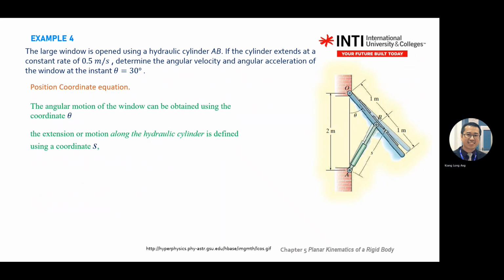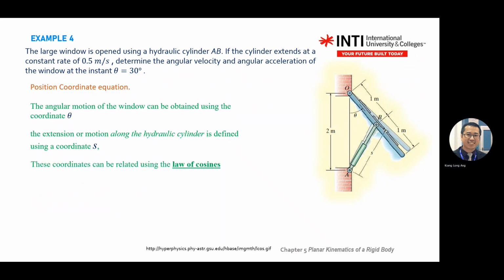So for rigid body, you always focus on one individual component. In this case, what do you focus on? The piston or the window? You focus on the window. We ask you about the window. So focus on the window. Don't confuse yourself. Don't focus on A, don't focus on O and other areas. Pull the whole diagram, pull the object out, draw the free body diagram.